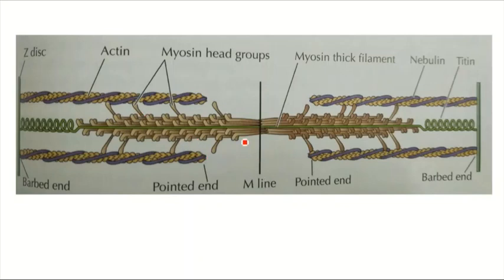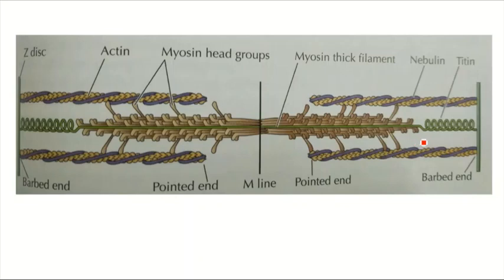Okay, so you can see another two proteins, titin and nebulin. What is titin? Titin extends from this Z disc to the M line. What is the role of titin? Titin also has a role in muscle contraction.